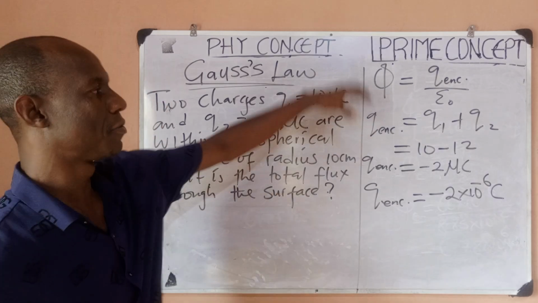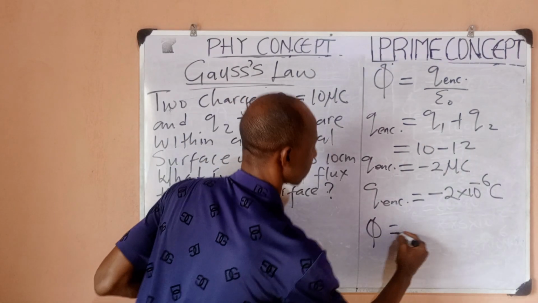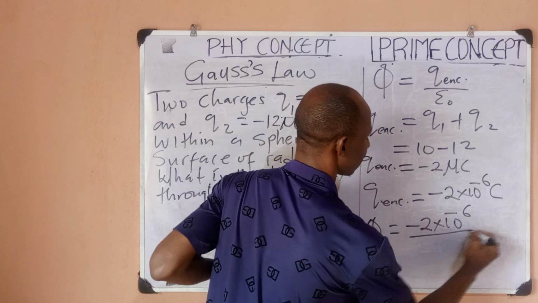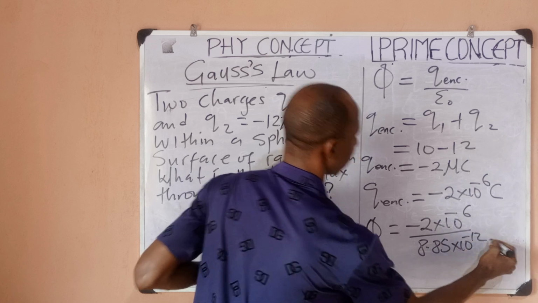Now, for me to find the flux, I'll simply go straight and substitute. So the flux is minus 2 times 10 to the power minus 6 divided by 8.85 times 10 to the power minus 12.